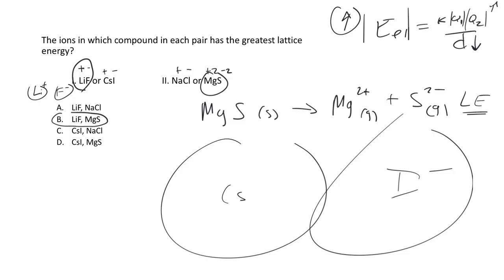If you think of the opposite of this reaction, the plus ion of magnesium forming an ionic compound with sulfide, that's really negative. So the opposite of the lattice energy equation is really an exothermic reaction. And so that's showing you that the driving force to form an ionic compound is the association of the ions. So it's the attractive force in nature between the ions that leads to the formation and the stability of ionic compounds.